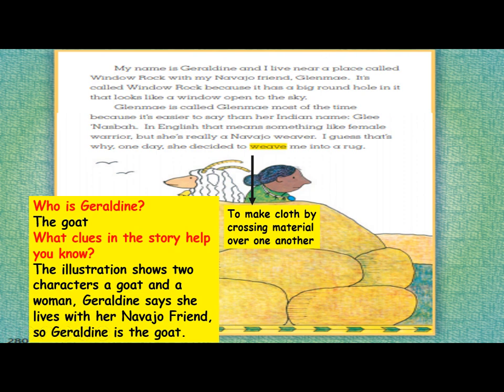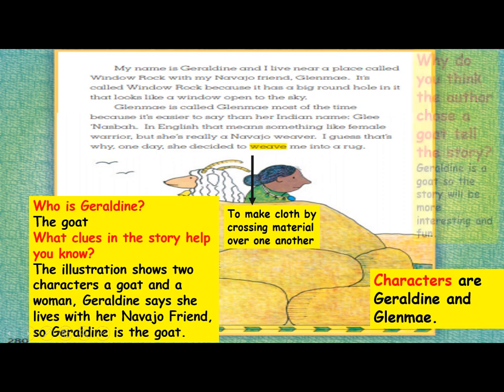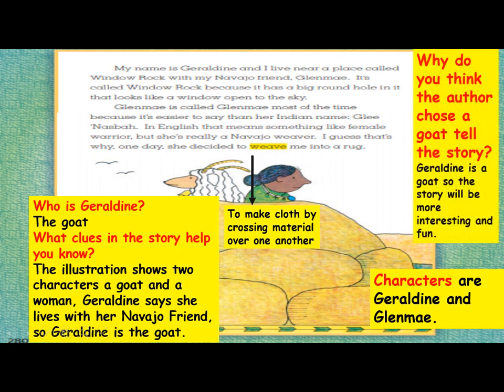Why wasn't it like any other story where a person tells the story? Because Geraldine is the goat, so the story will be more interesting and fun because it is, come on, told by a goat, not a person.